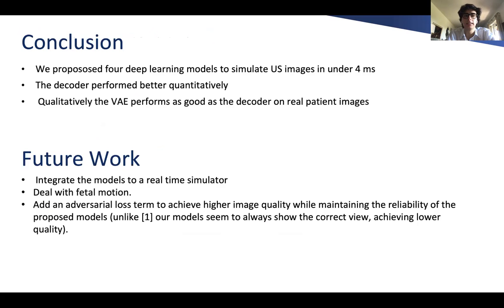Our results find the decoder to perform better quantitatively, but qualitatively, we showed that the variational autoencoder can perform as good as the decoder on patient data. Results on the interpolation capabilities showed that the decoder is the best interpolator, but more research should be conducted to improve the performance of the variational autoencoder.